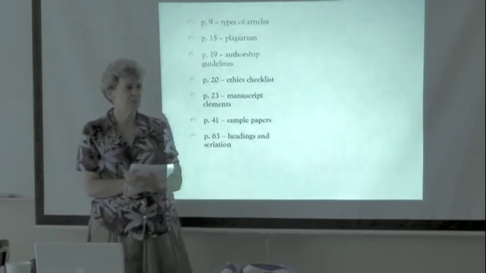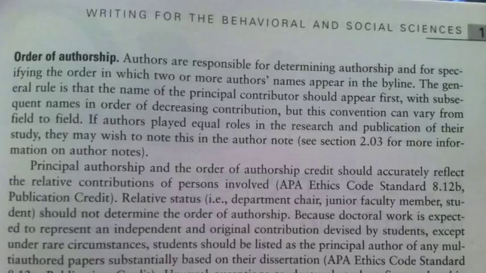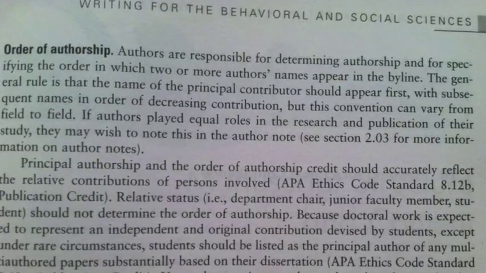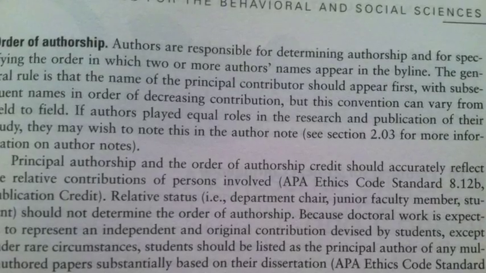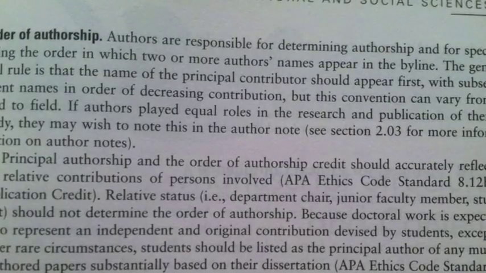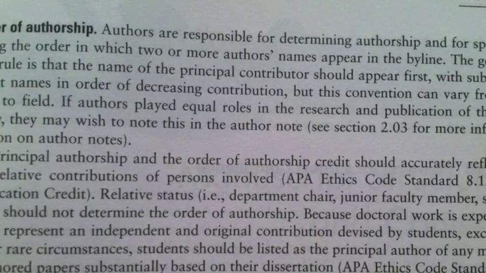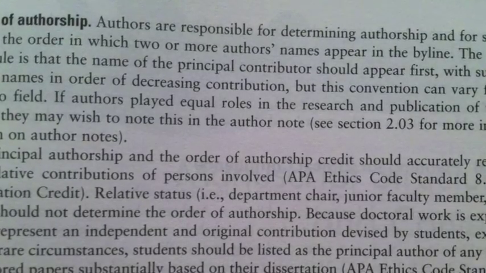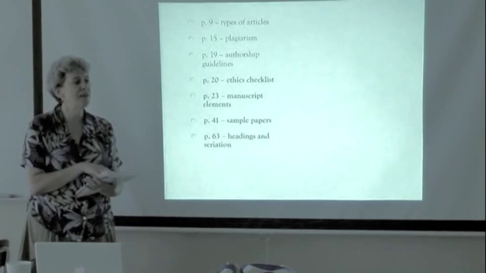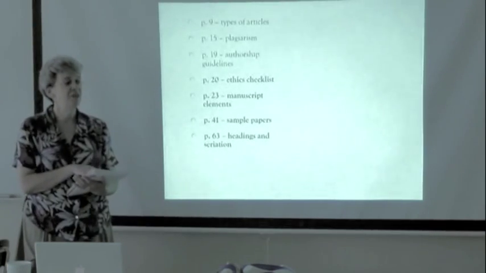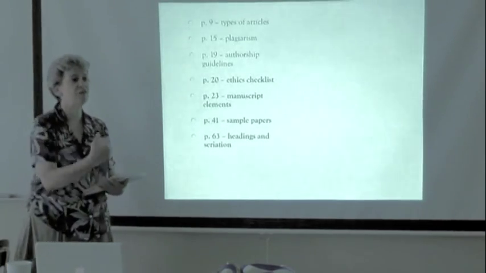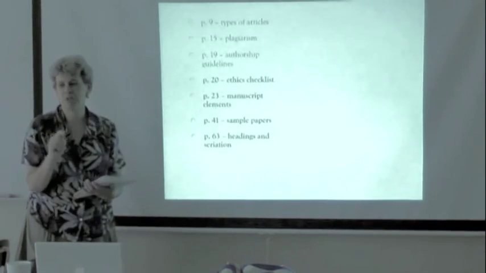Look at what it says, where it says order of authorship on page 19 at the top. Authors are responsible for determining authorship, for specifying the order in which two or more authors' names appear in the byline. So it's up to the people who write the article to decide who's first author, who's second author, who's third author. It's not up to you.